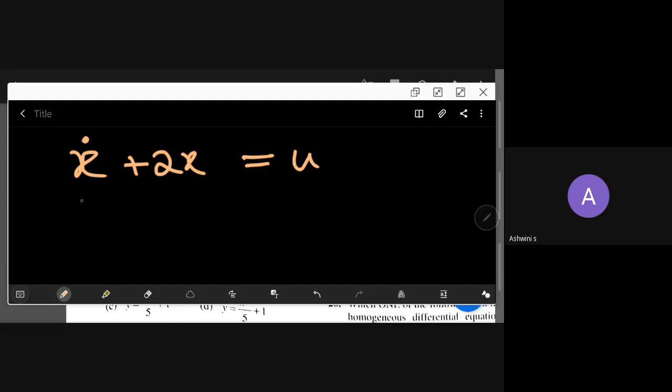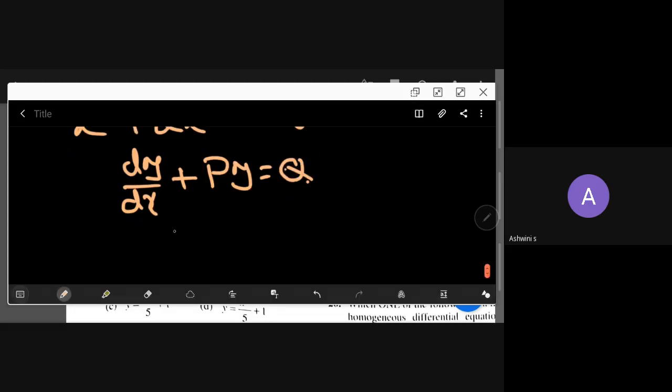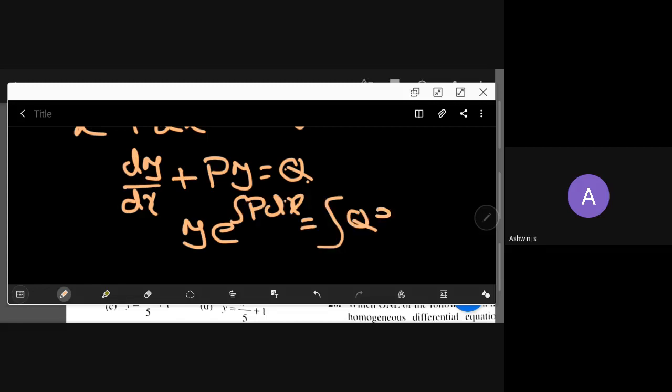So it is something like you have dy dx plus py is equal to q. For this one, we have the answer as y e power integral p dx is equal to integral q e power integral p dx.